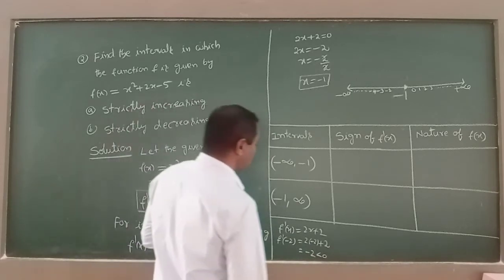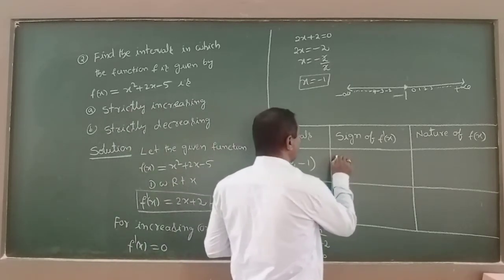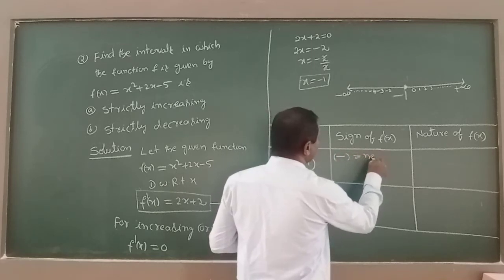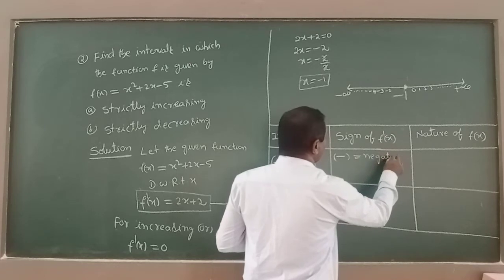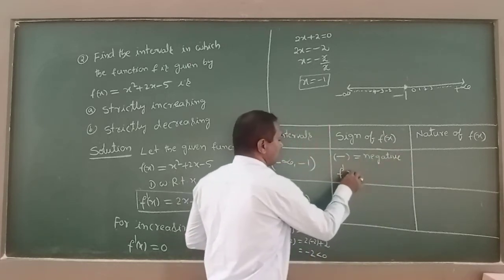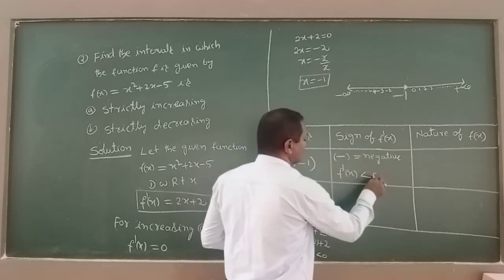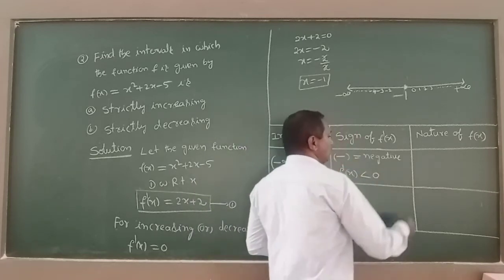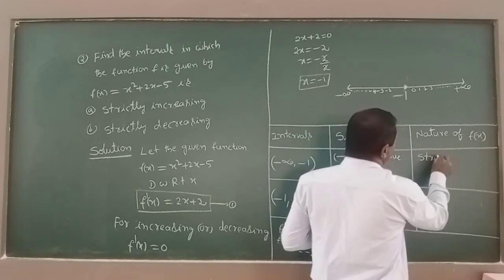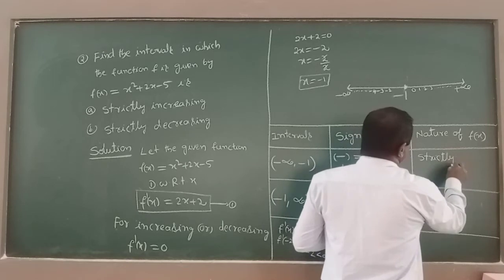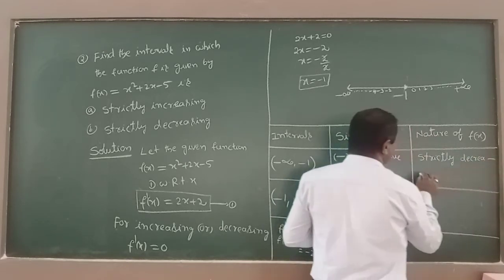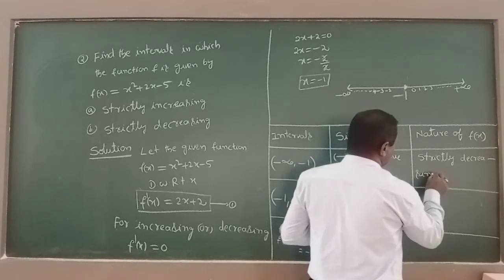We got the negative symbol, so we write negative here. The differentiable function f dash of x is less than 0. If it becomes less than 0, we can call that function a strictly decreasing function.